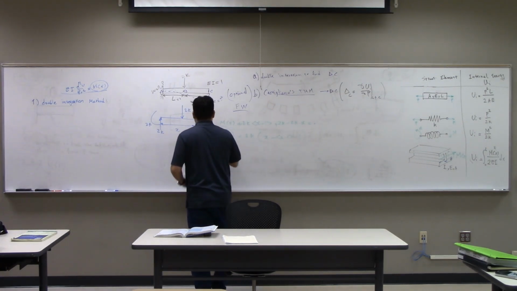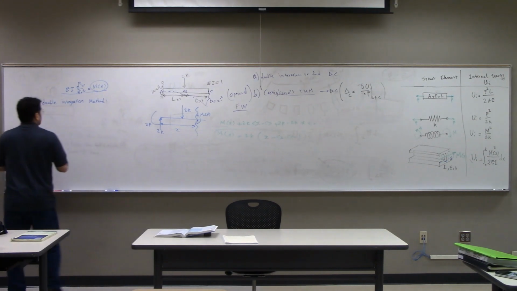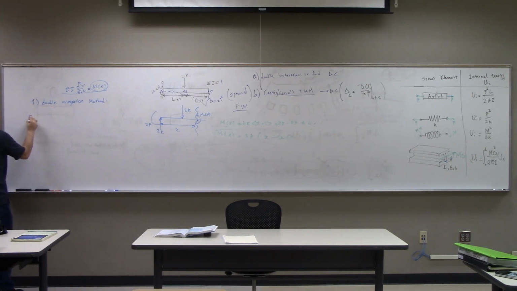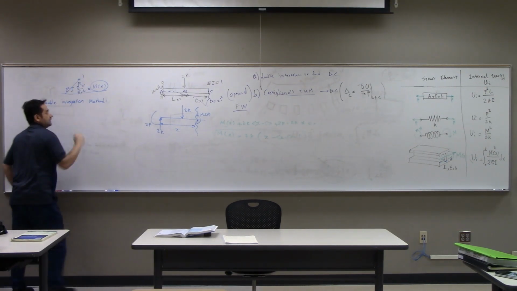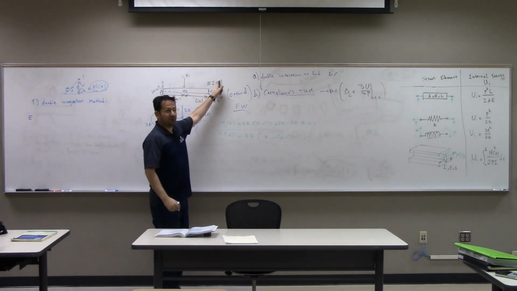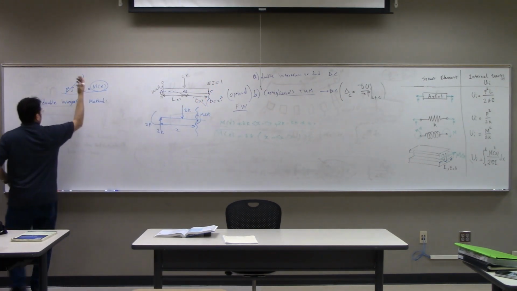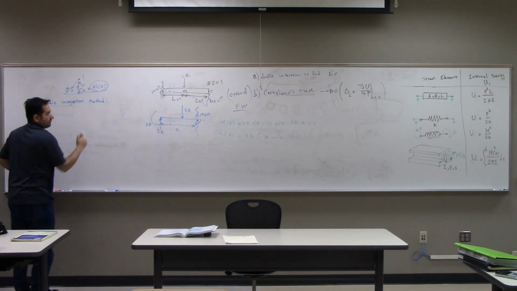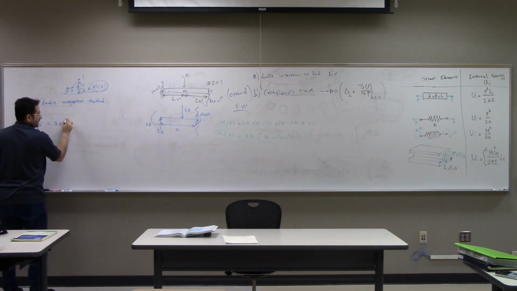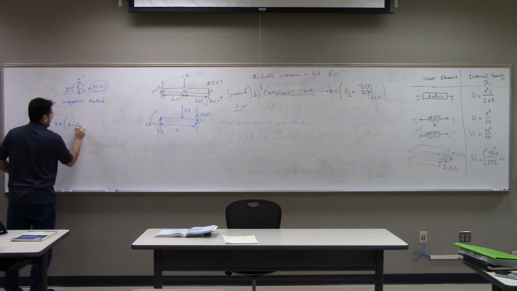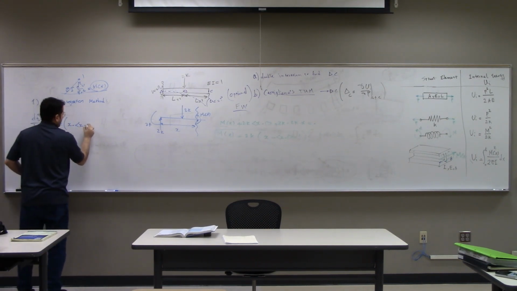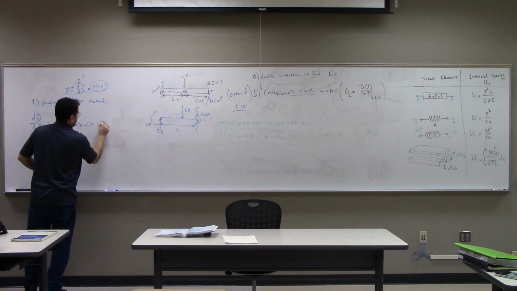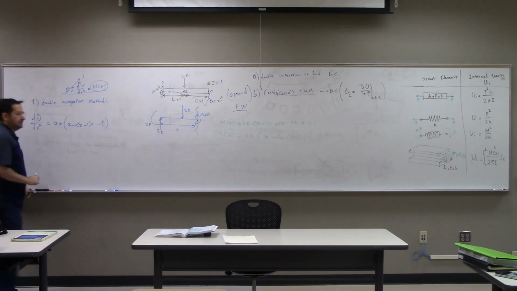So what you do here, you have EI, which is basically 1. Look at here, EI is equal to 1. You can keep EI because it's constant, but I just simplify. So the second derivative of v with respect to x is equal to the moment relation, which is 2k times x minus the Heaviside of x minus 1 term.